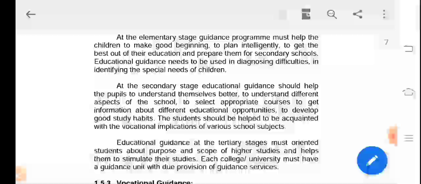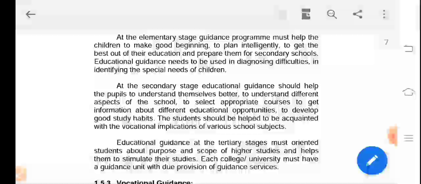to understand different aspects of the school, to select an appropriate course, to get information about different educational opportunities, selection of the appropriate course, and the opportunities that are available in those courses so that they can make a wiser choice with respect to selection of the appropriate course.